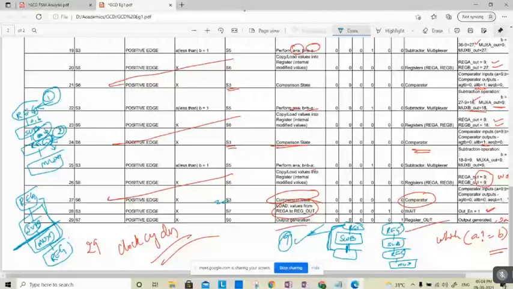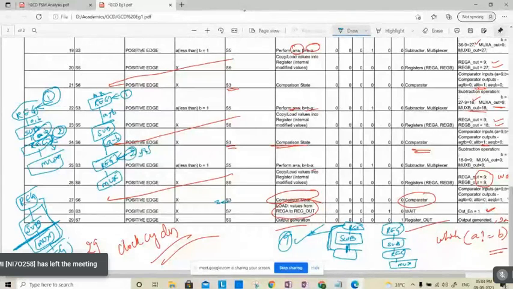A register is present, and whenever a clock cycle is given, in the first clock cycle it generated A comma B. Assume that these are two different registers, register A and register B. Now the subtractor is a combinational element, it calculated A minus B. Again a register is placed here. Now this particular register will not copy this A minus B value in this. It copies only when a positive edge comes again. That is, it waits for the second clock pulse. So if this process doesn't take place, the multiplexer will not copy the value.